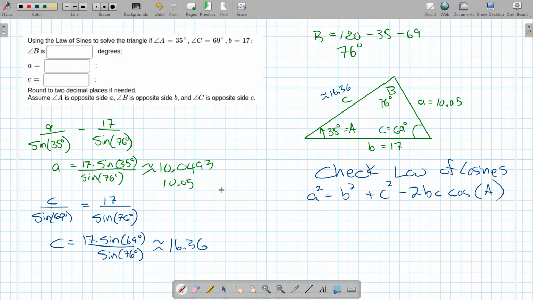So my A squared, the square of this crazy thing here, so that's going to be about 10.05 squared, should equal approximately, because that's rounded, B 17 squared plus C about 16.36 squared minus 2 times 17 times 16.36 times the cosine of 35 degrees. So I'm just going to try that on my calculator, see what happens.